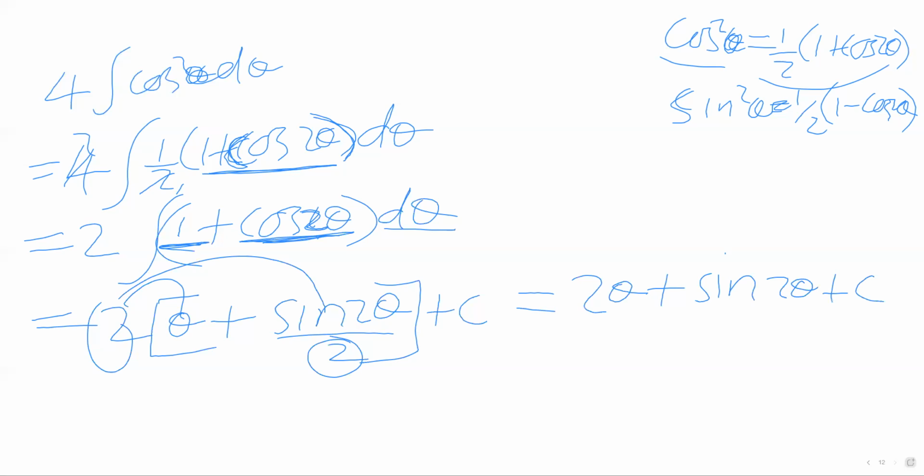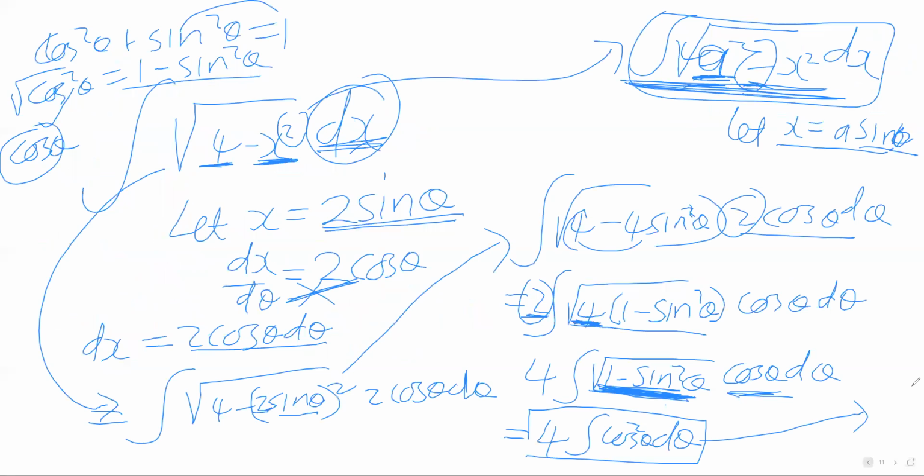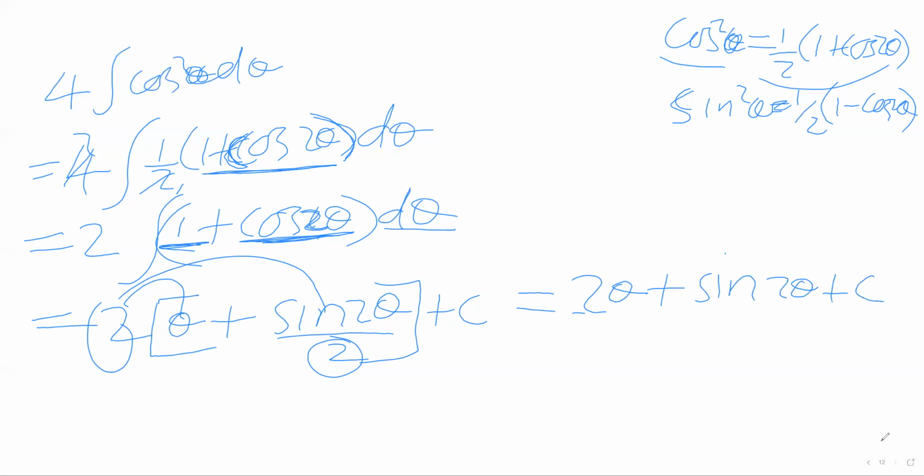So that's the answer, except that your answer is in terms of theta. I want to write it in terms of x because the function was given in terms of x. I just used this substitution to make my work easier, to integrate the function easier. So I can now write it back in this form.